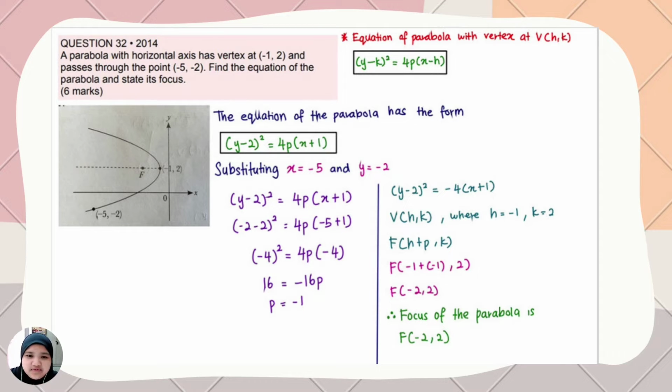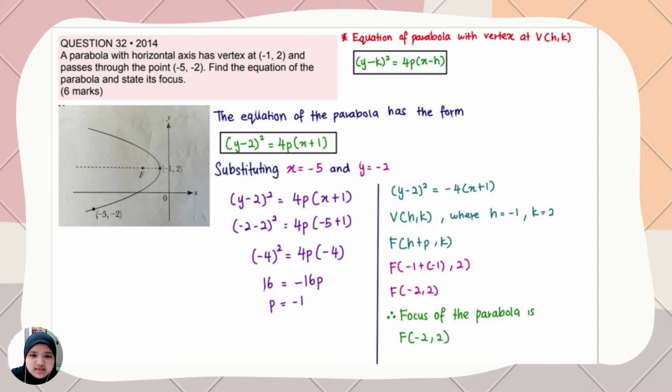Okay, so first we have to sketch the graph and also sketch the parabola shape. From the question given, we get to know the location of the parabola and which side the parabola opens. The vertex is (-1, 2).